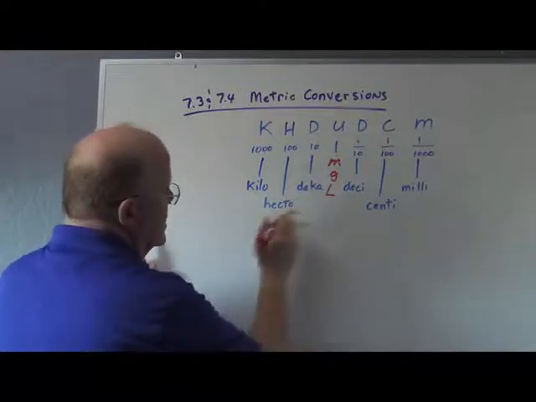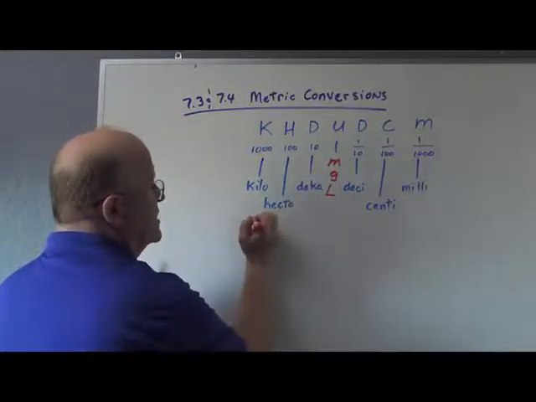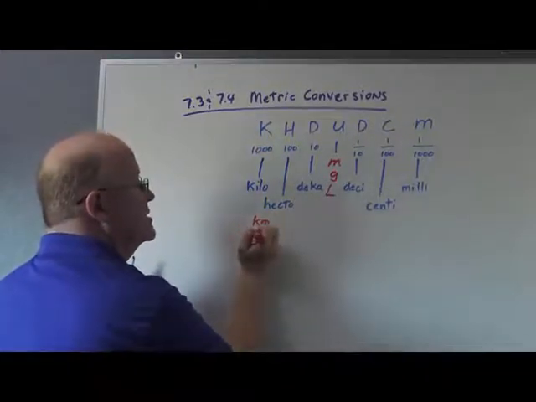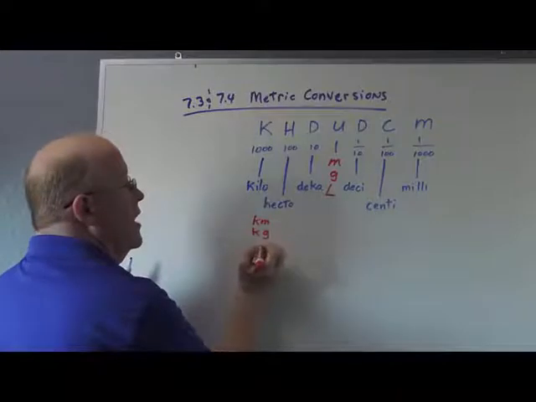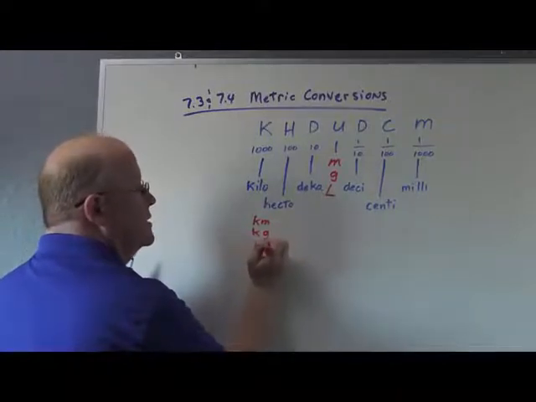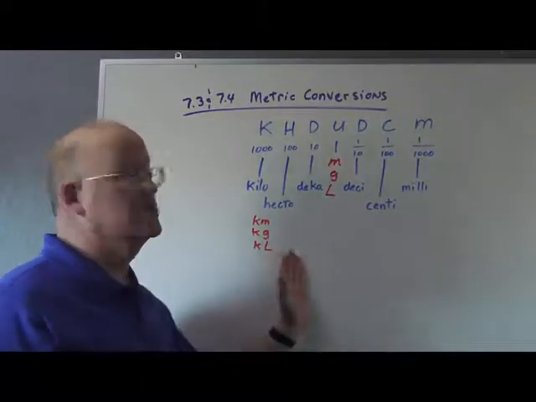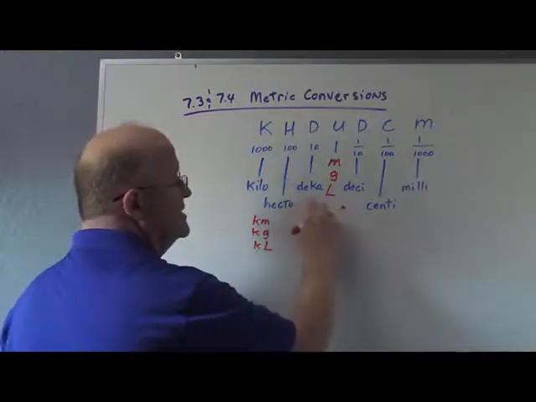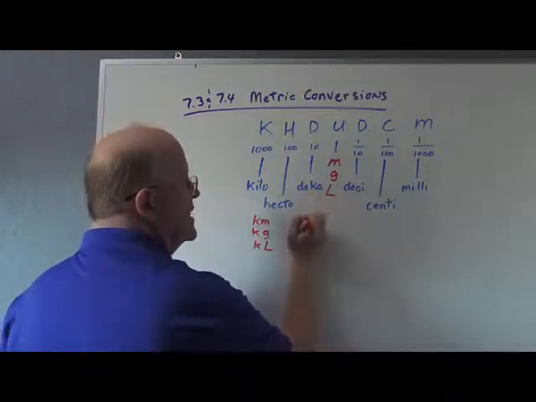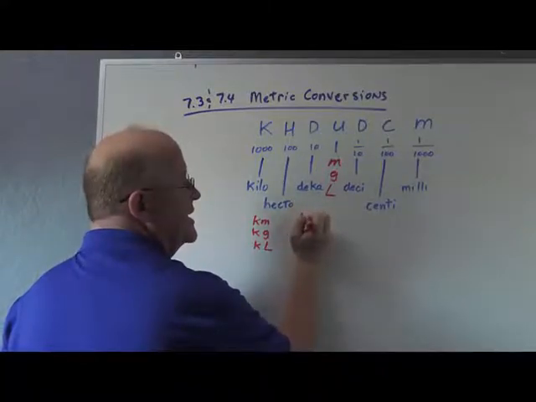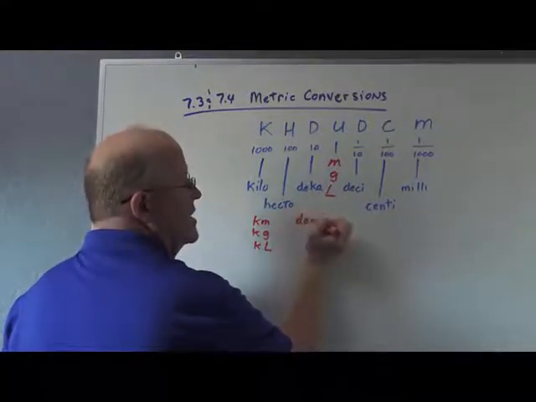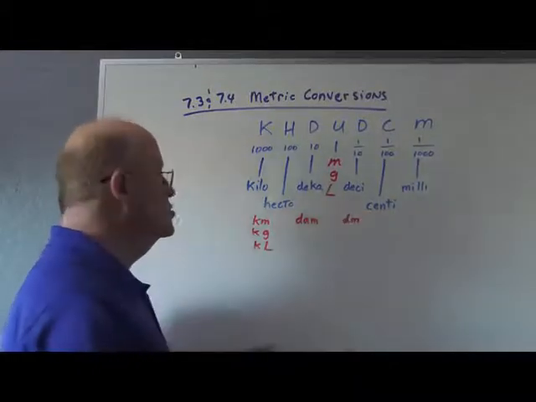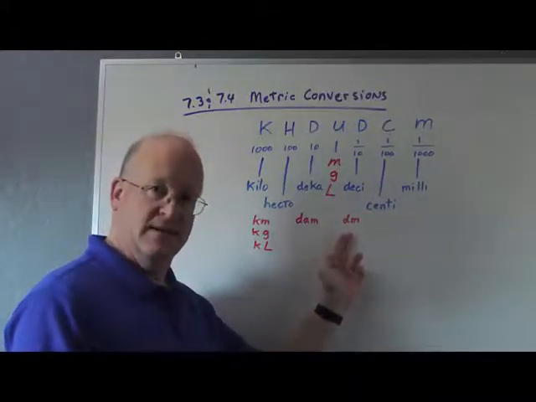So, for example, this K could represent kilometers, kilograms, or kiloliters. Likewise, we can do the same with these other prefixes. Now, since we have two D's, usually for decameters we'd have DKM or DAM, and for decimeters we'd use DM, and it's usually a single D for deci.